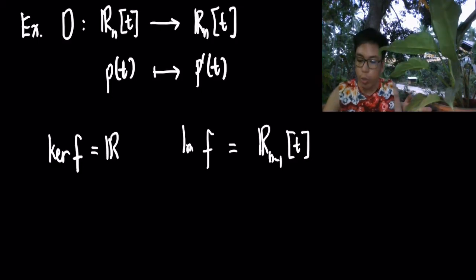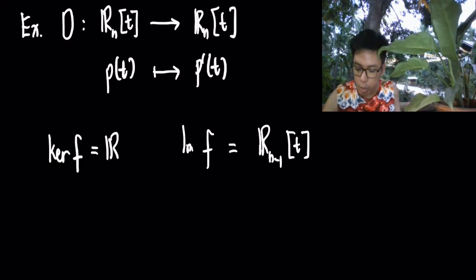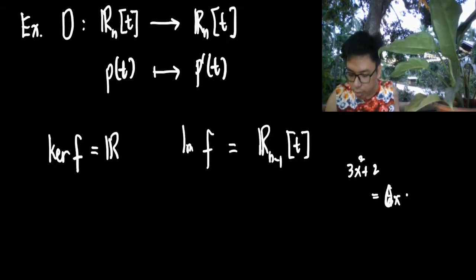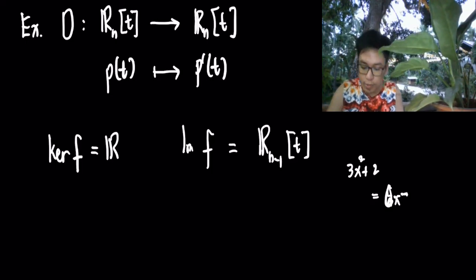Because if you consider a polynomial, let's say 3x squared plus 2, the derivative for that is 6x. So if you notice, the exponent is subtracted by 1. So in this case, this is now R_{n-1}[t].